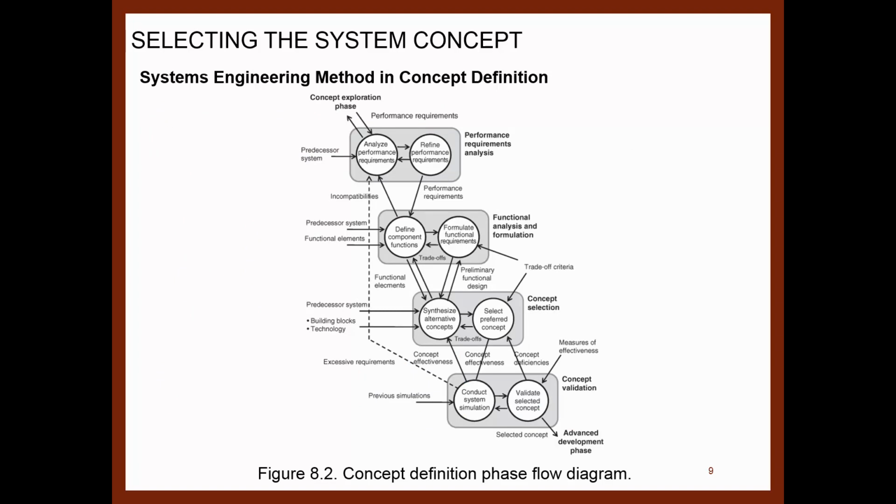As we've done for the two previous phases, we have this diagram that summarizes how the systems engineering method is implemented for this particular phase: performance requirement analysis, functional analysis and formulation, concept selection, and concept validation.